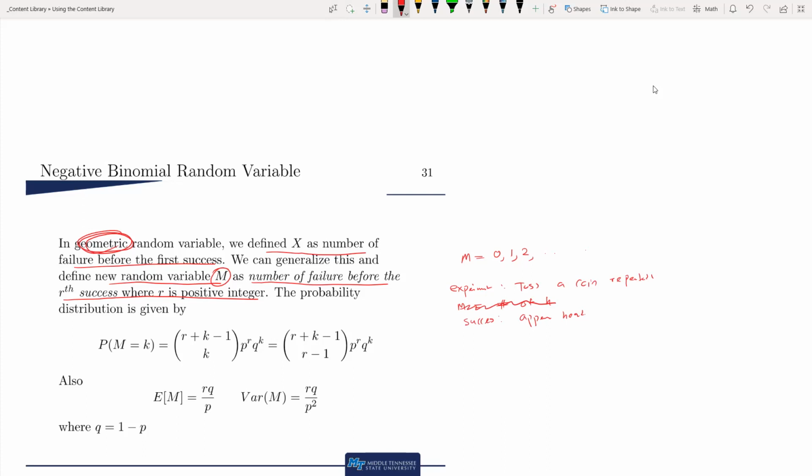Let's say we want to find the number of failures before the third success. So let's define M as the number of failures before the third success.